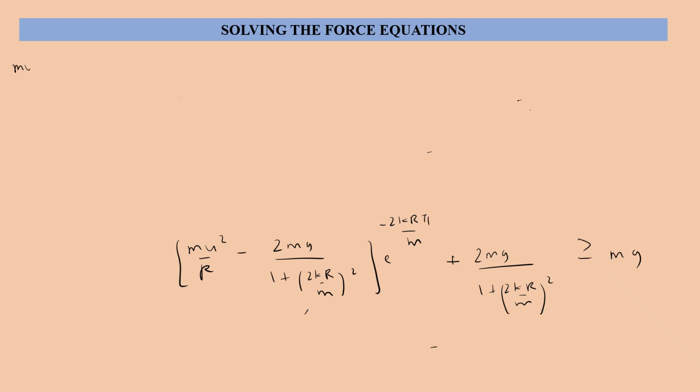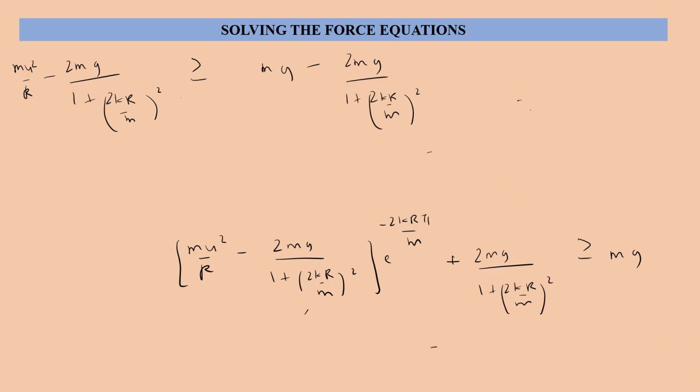We get mu square upon r minus 2mg divided by 1 plus 2kr upon m whole square is greater than or equal to mg minus 2mg over 1 plus 2kr upon m whole square times e to the power 2kr pi upon m.